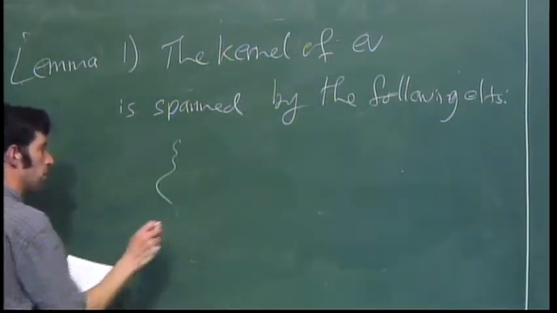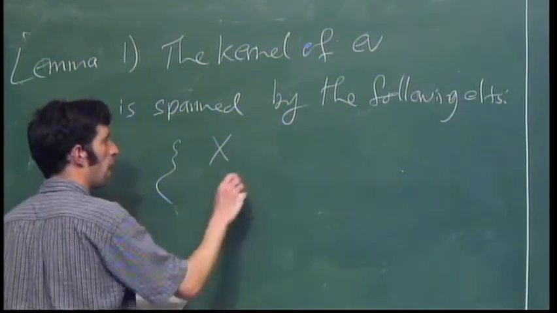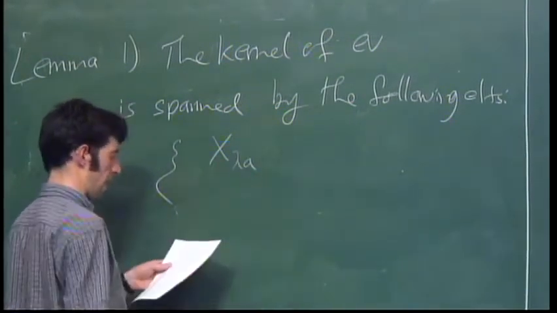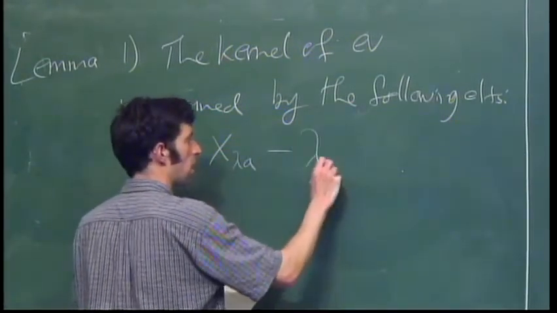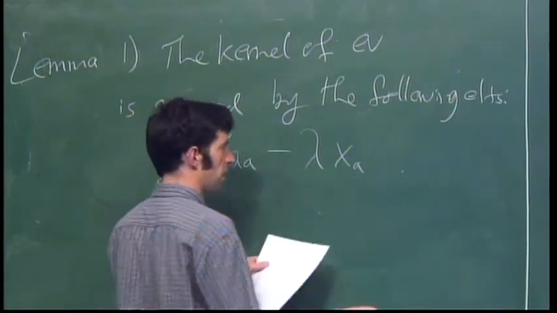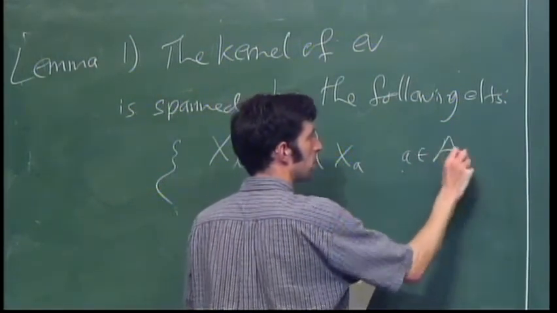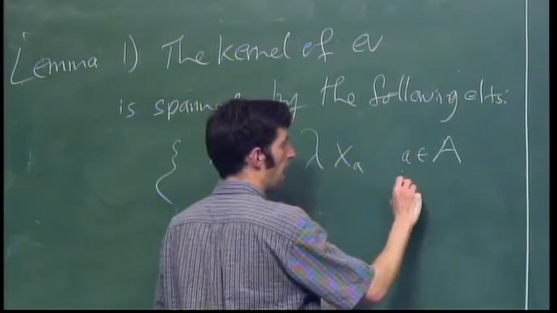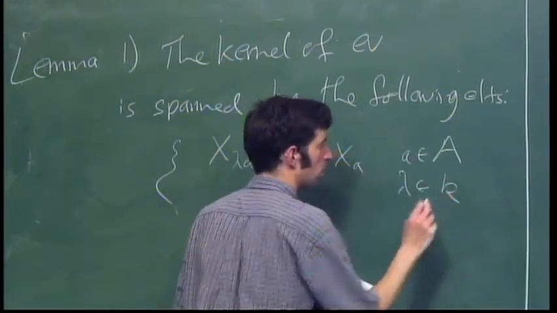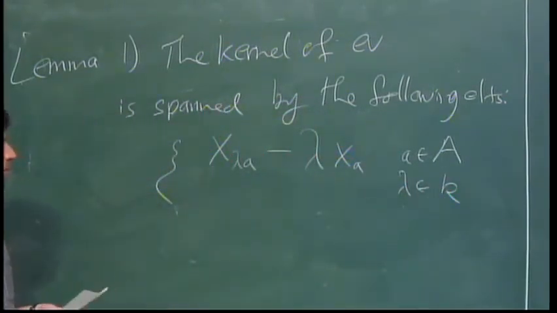We have things of the form x sub lambda a minus lambda x sub a, where a is an element of my algebra A, and lambda is an element of the ground field.